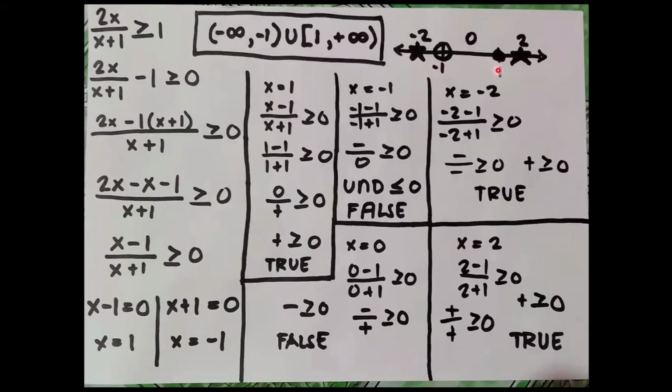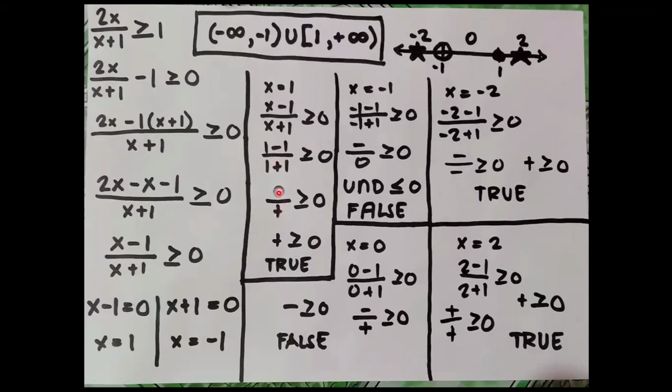So we will try first the positive 1. x equals 1, so x minus 1 over x plus 1. So substitute the x: 1 minus 1 over 1 plus 1. So 1 minus 1, the answer is 0, and 1 plus 1, the answer is positive.